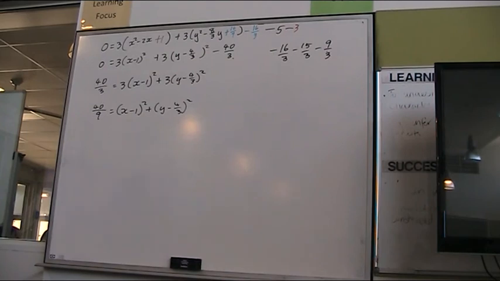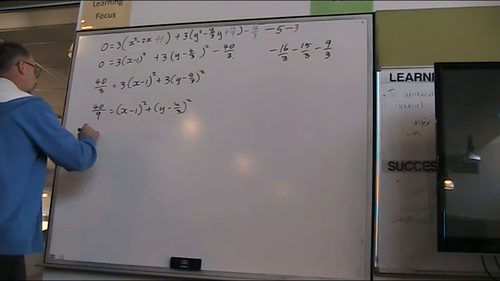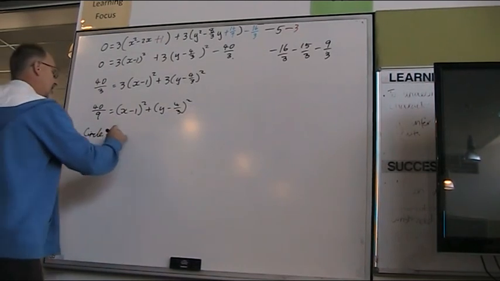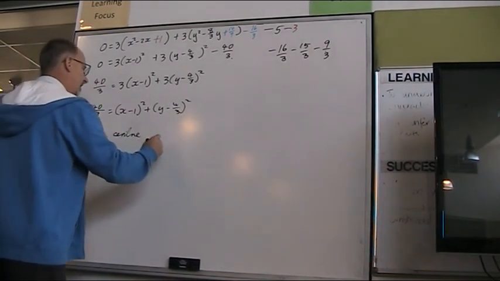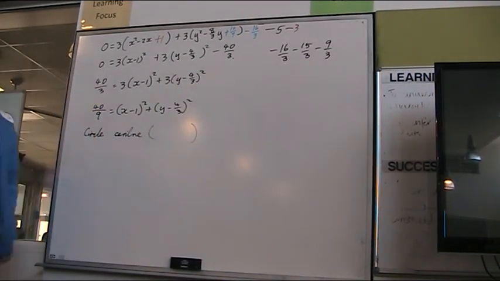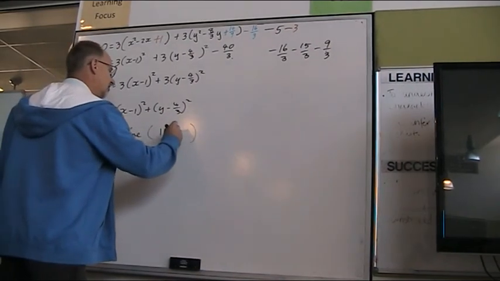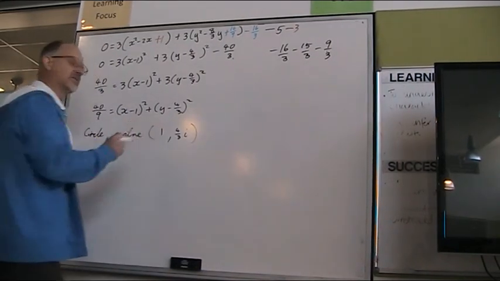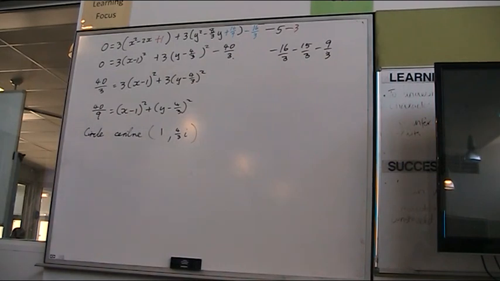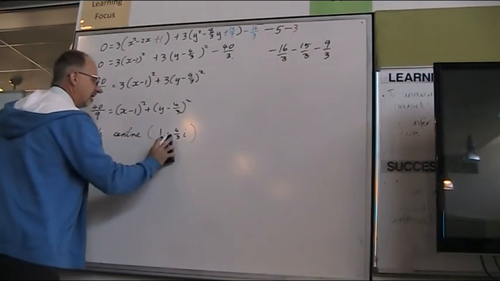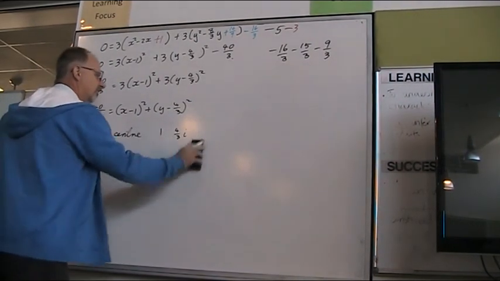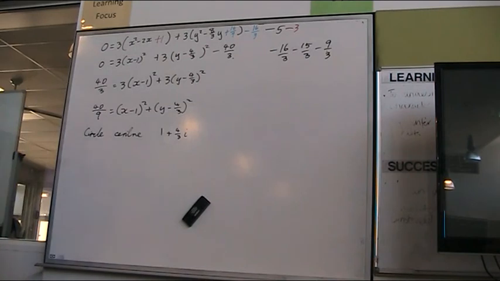And that is a circle, centre at 1 and 4/3 what? 4/3 i. Right, so or if you like, you don't have to write it in coordinate form, you can write it centre at 1 plus 4/3 i.